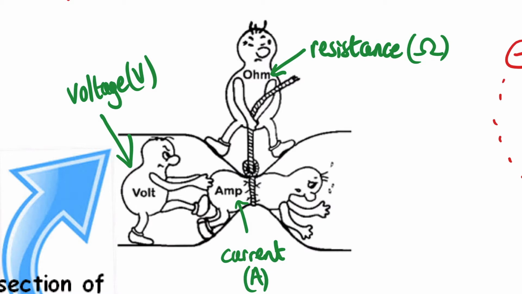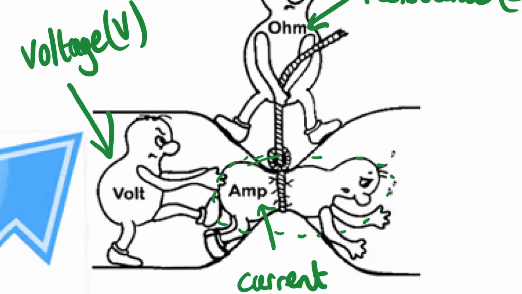So look what's happening. We've got this poor electron here. Let's call him Mr. Current. He's trying to be pushed by this angry looking Mr. Voltage. Look, he's trying to kick him along the wire.